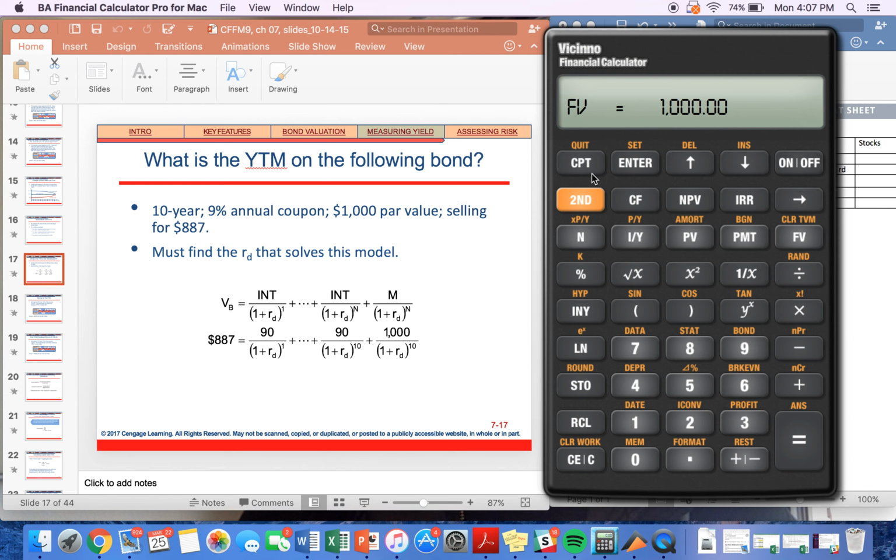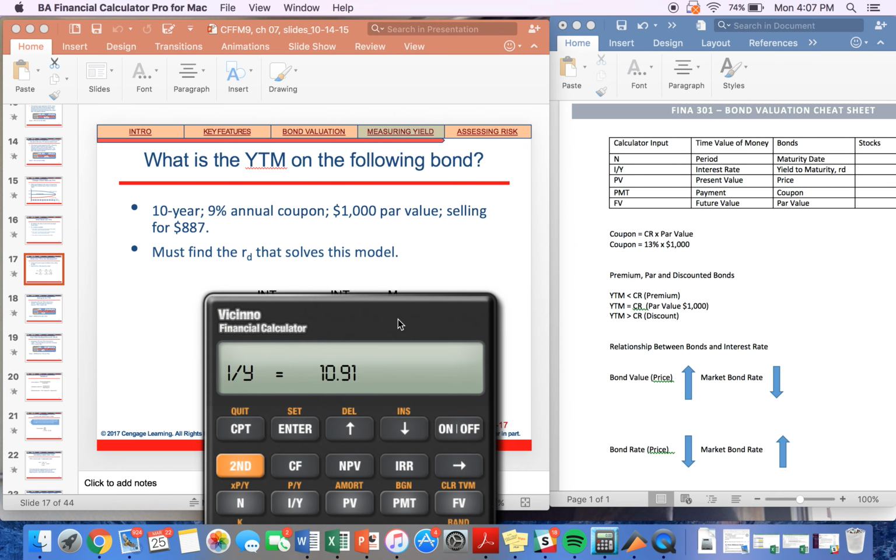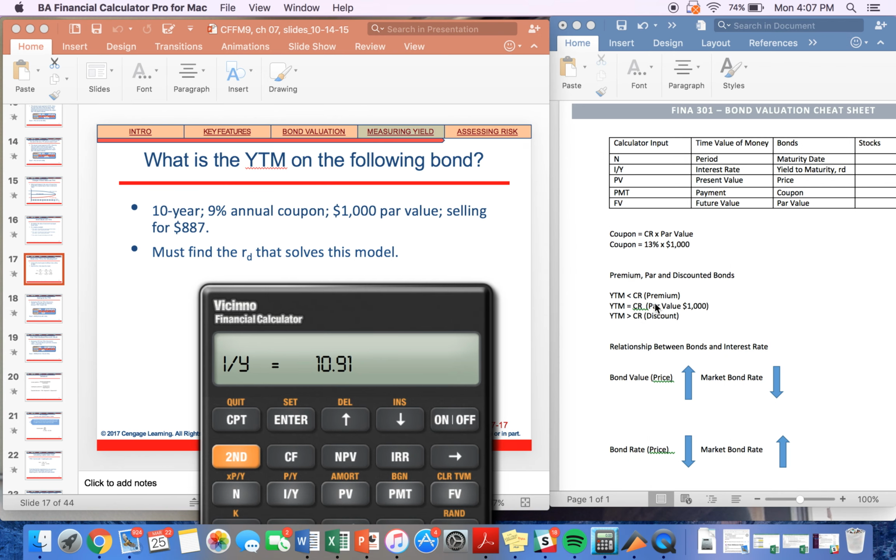So if we go ahead and compute for our yield to maturity, you'll notice that our yield to maturity comes out to 10.91. So did our rule hold true? My coupon rate was 9%, and my yield to maturity is 10.91. Therefore, I know that I'm probably pretty close.